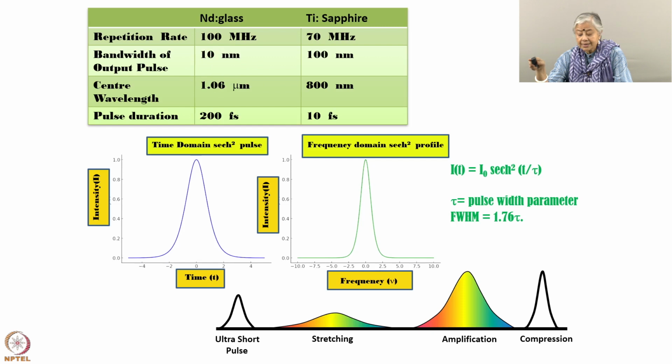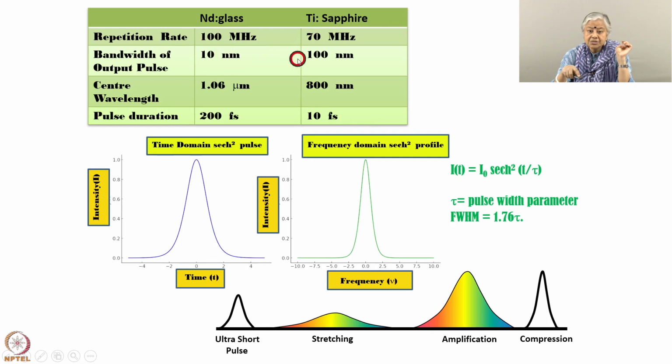So, you had an ND glass which had a larger bandwidth than 10 nanometer, but the total bandwidth has not been utilized, or it may have been squandered away at some points in the oscillator. So, you never get the full bandwidth of that gain medium. The output pulse has a 10 nanometer bandwidth.